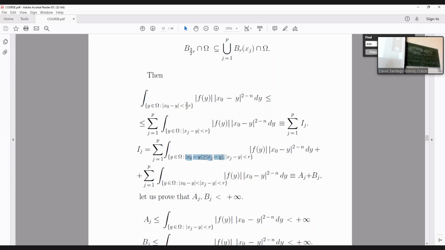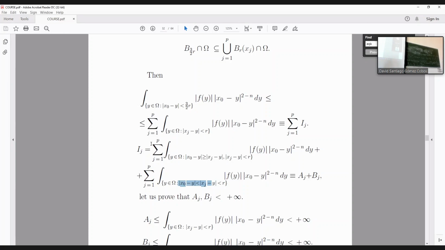The second one, when x0 minus y is less than xj minus y. Let us consider these two, and we call them capital Aj and capital Bj. Let us prove that both are finite.